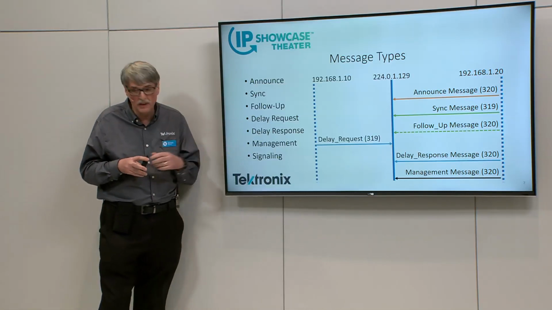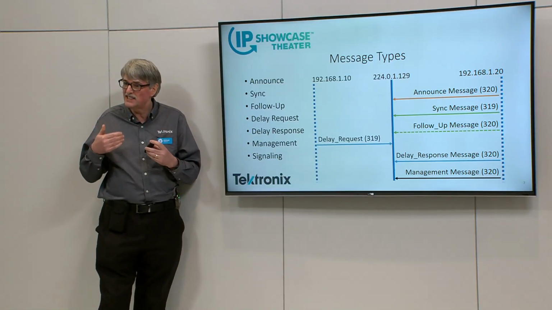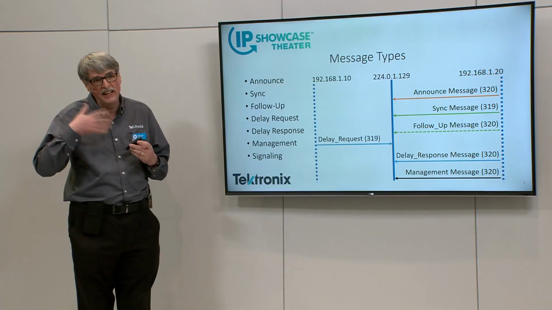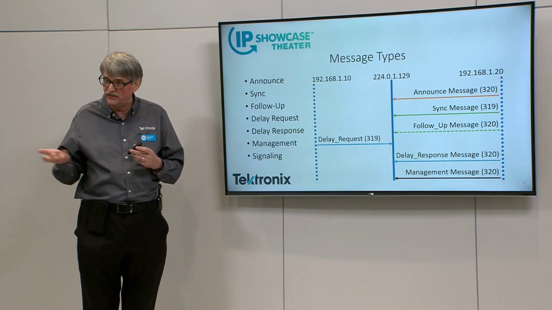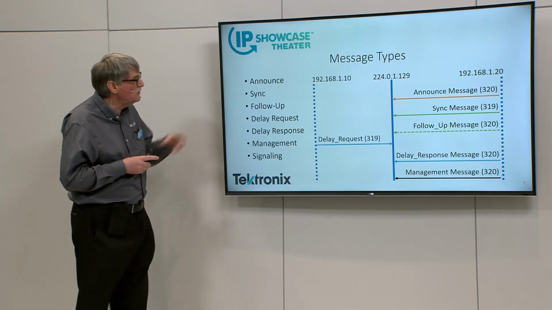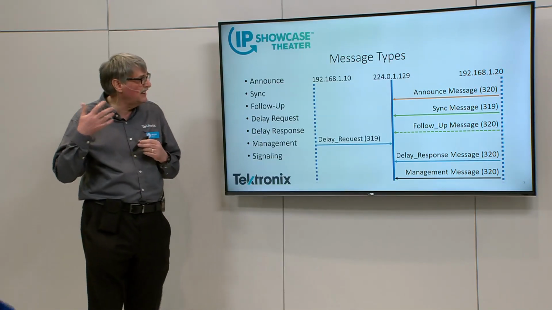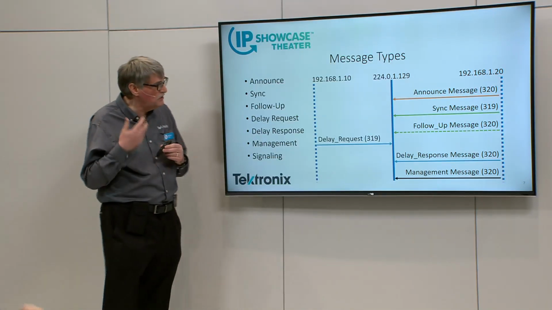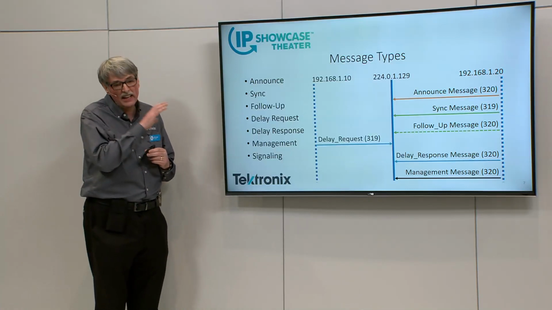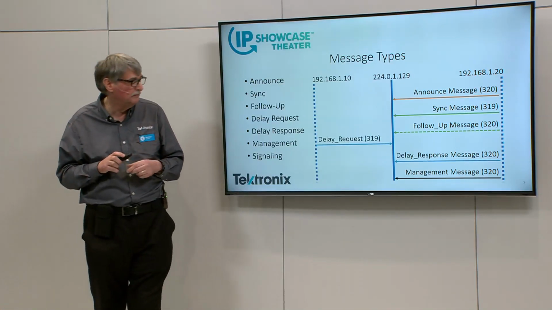And in some cases, we can send signaling information, which tells the system how many times I should send those specific sets of messages. So typically in the system, you can set up how many times you send announce messages, how many times you send sync messages, and that can be configured within the system.